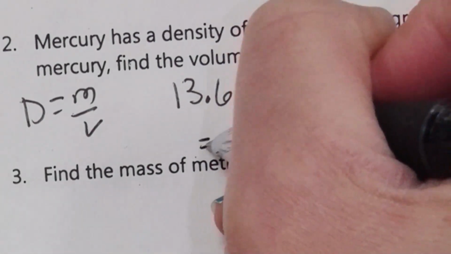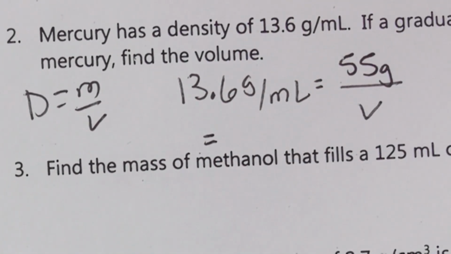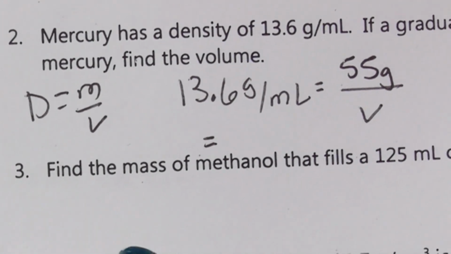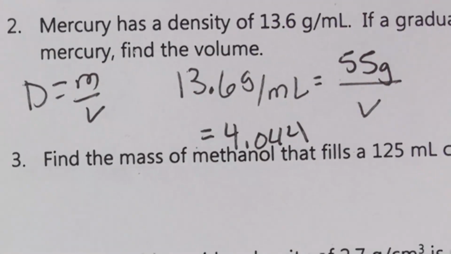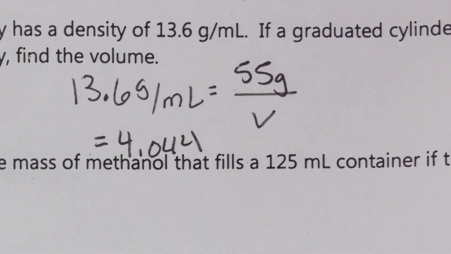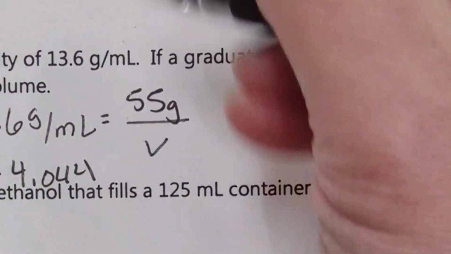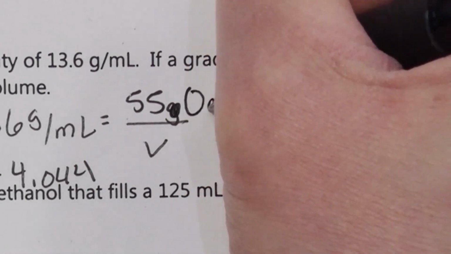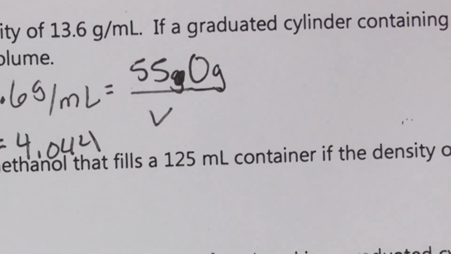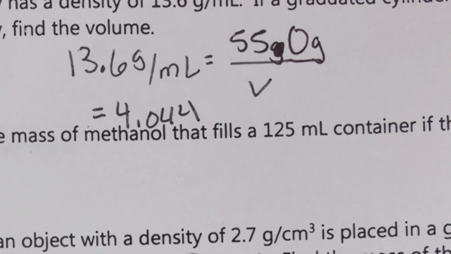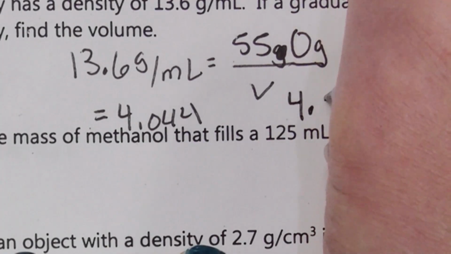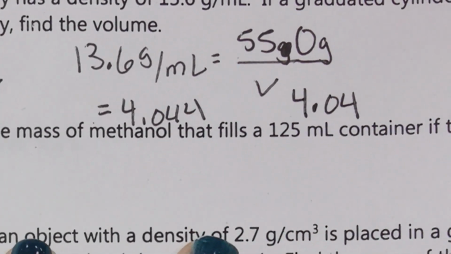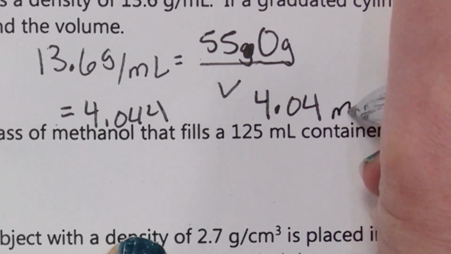When I solve, I am going to get a volume of 4.044 and a whole bunch of other numbers. Now, this was technically 55.0 grams, so I should probably be better and put in the 0.0 there. All right, and so when I look at this, I see that my final answer needs 3 sig figs, so 4.04, and my units are going to be milliliters.